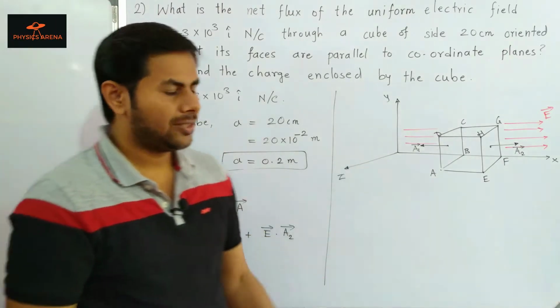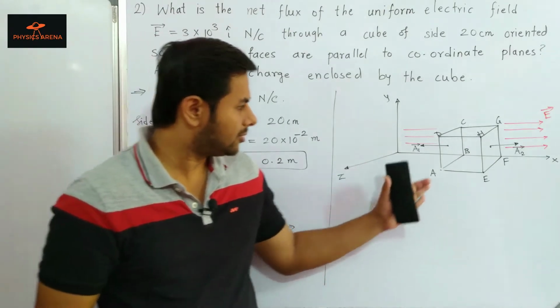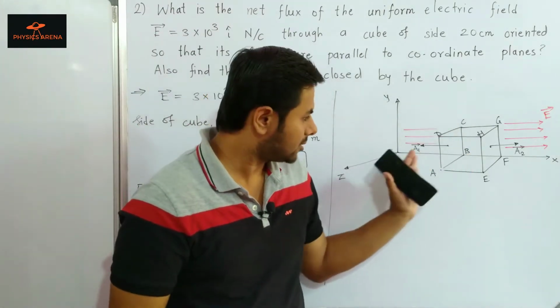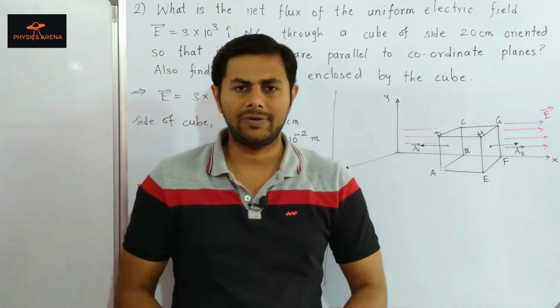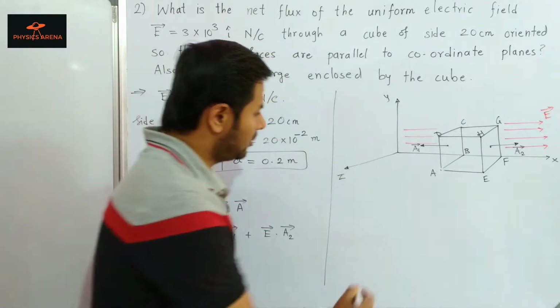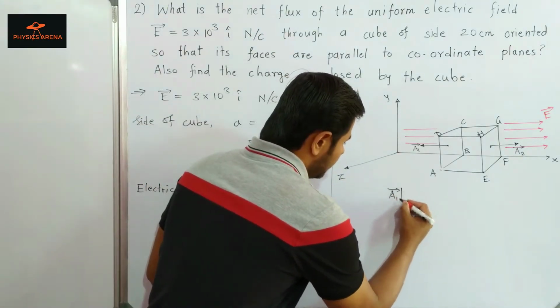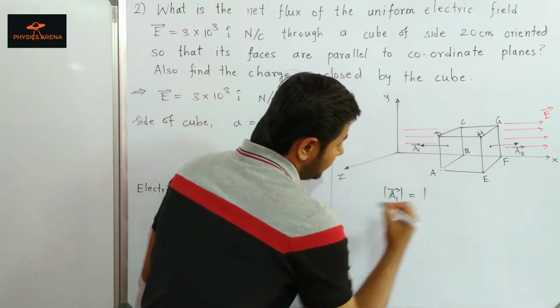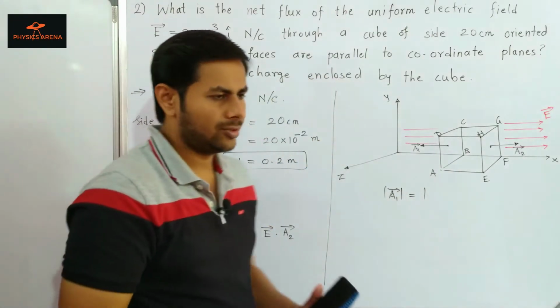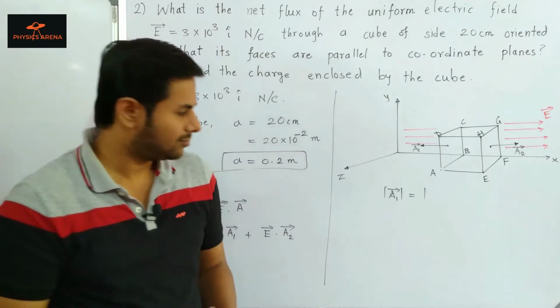And it's quite clear that the magnitude of this area vector and this area vector is the same, since all sides of a cube have the same area.